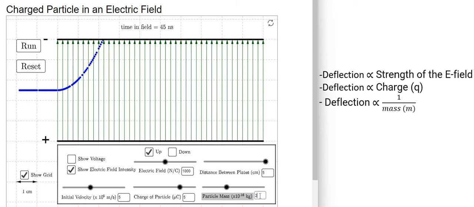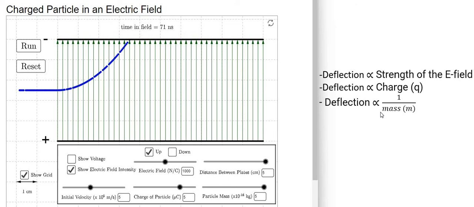Now on further increase of the mass, for example 5 into 10 to the power minus 16 kg, the deflection should be even less. As the mass is further increased, the deflection is very less. The less the mass, the more the deflection; the more the mass, the less the deflection.